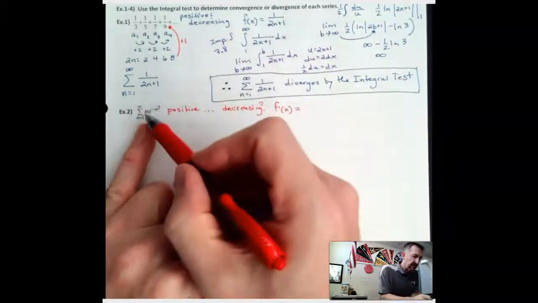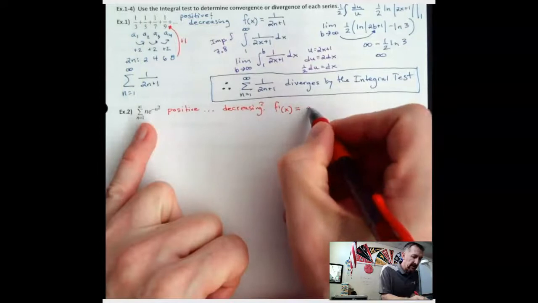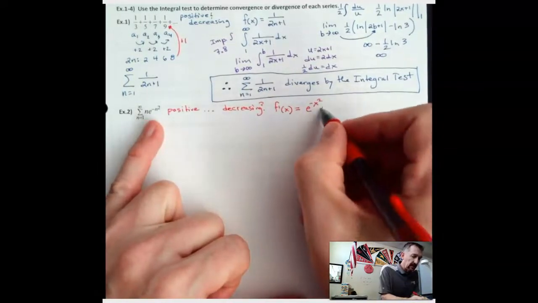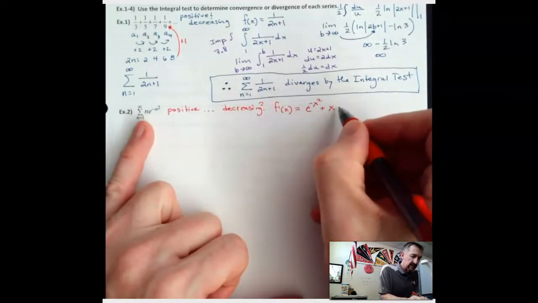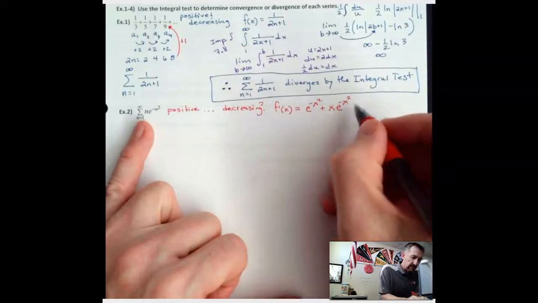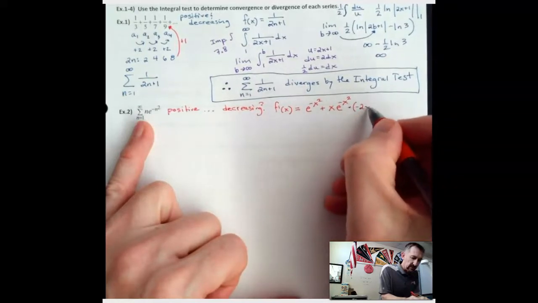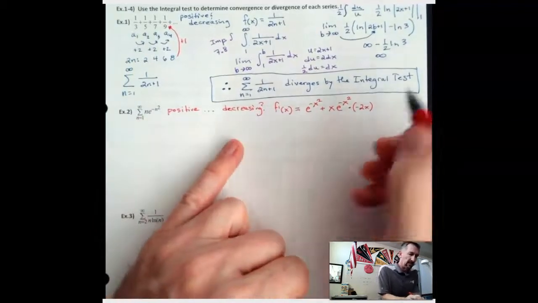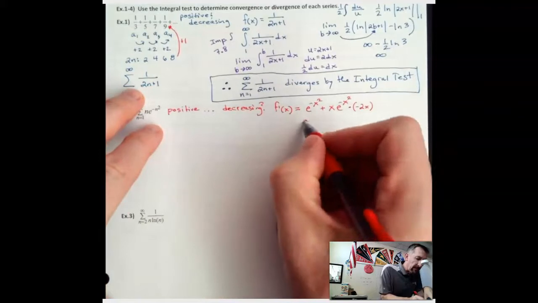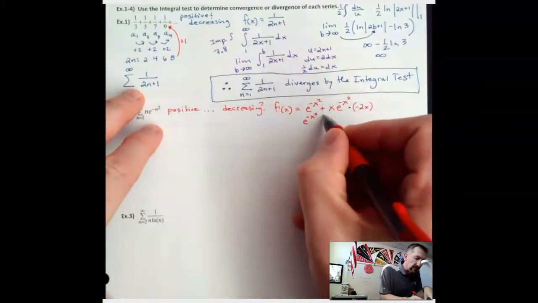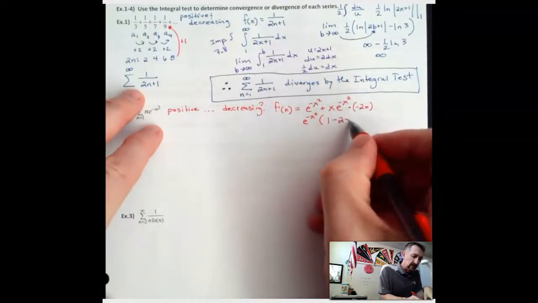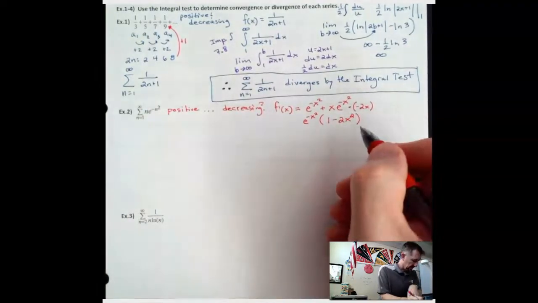The derivative of x would be 1, so that would be e to the negative x squared, and then plus x times e to the u times du. Okay, so we can factor out e to the negative x squared. That's going to be 1 minus 2x squared.